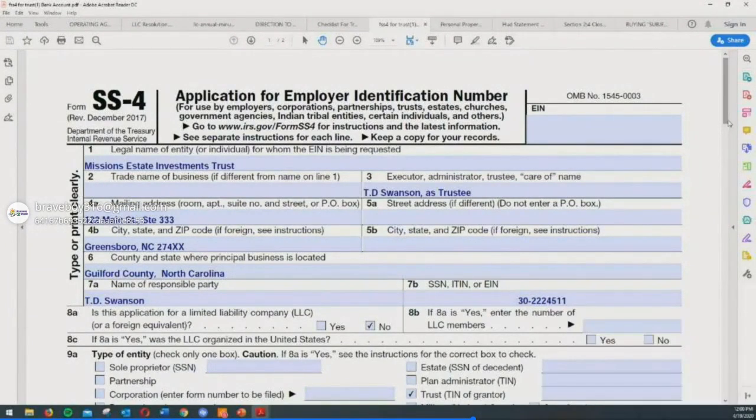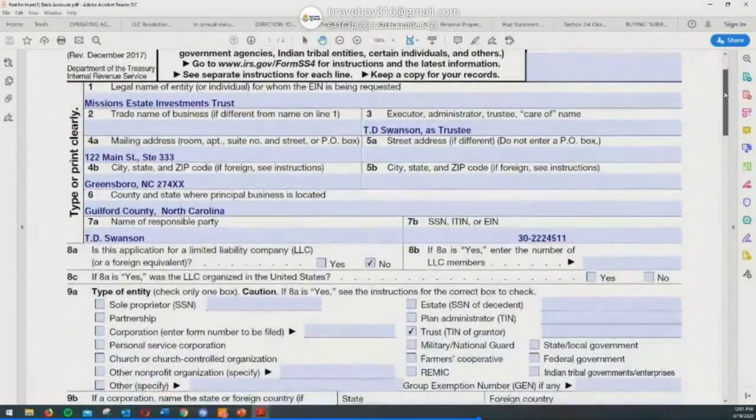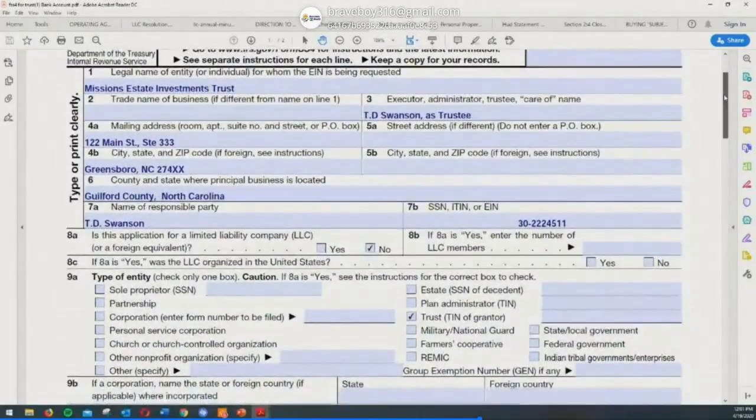What you're doing is completing this to get a tax ID number, or an employer ID number, for your trust bank account, because this trust bank account is going to have a tax ID number different from yours. So when you're completing this, guys, you're going to fill in the applicable information.